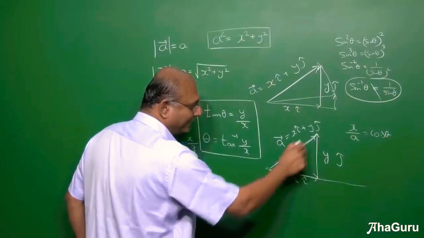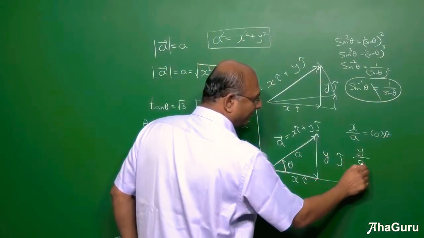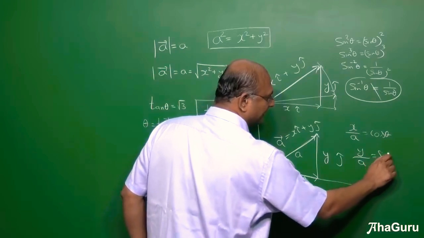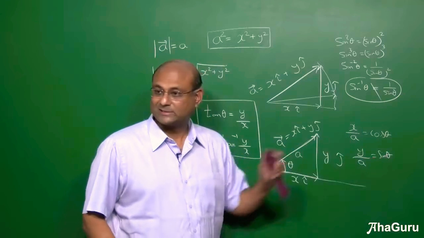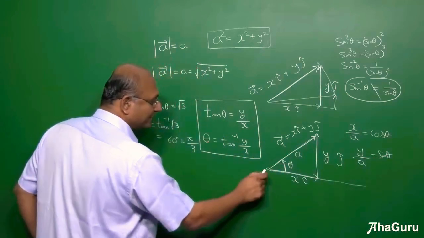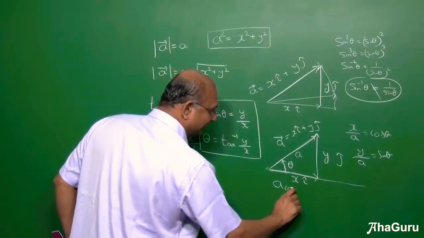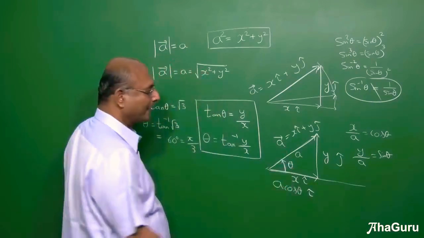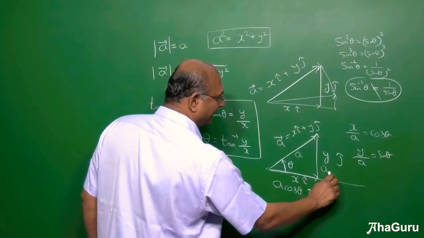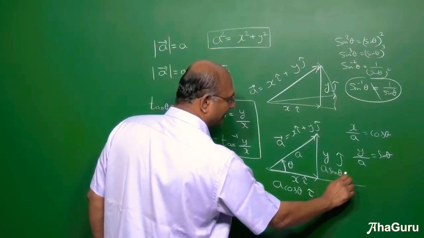What is y by a? Y by a is sin theta. So what is x? A cos theta. So you write this is a cos theta I cap. And you can write this is a sin theta j cap.